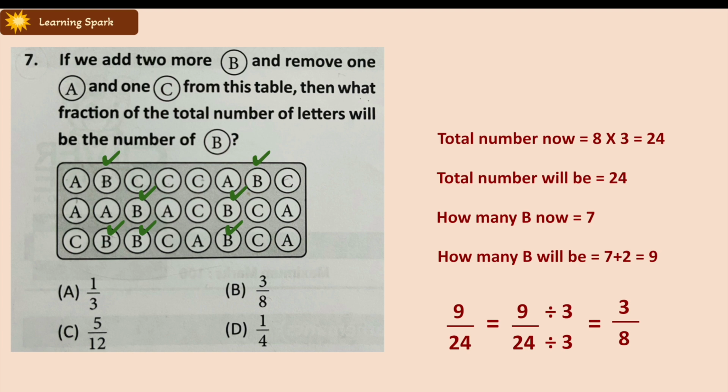And 9 by 24 can also be represented by 3 by 8, because 9 by 24 and 3 by 8 are equivalent fractions. You can divide both denominator and numerator by 3. And if you want more details on this, you can watch my video on equivalent and comparison of fractions. But the answer is 3 by 8.